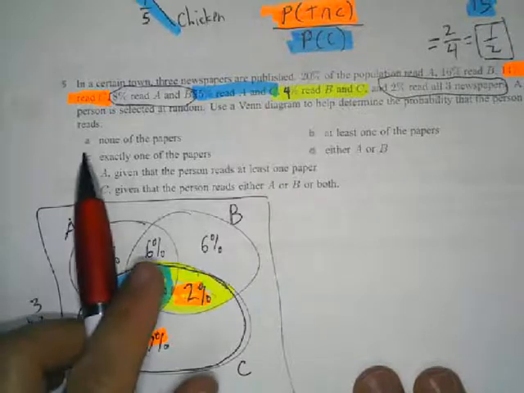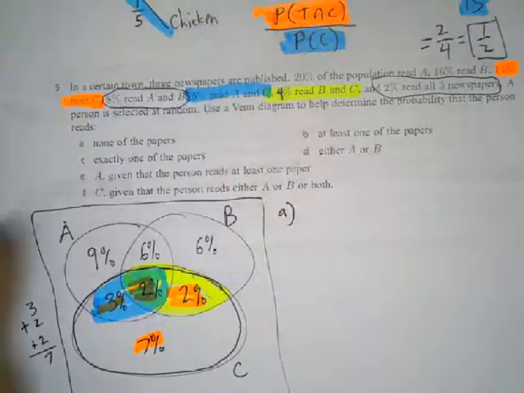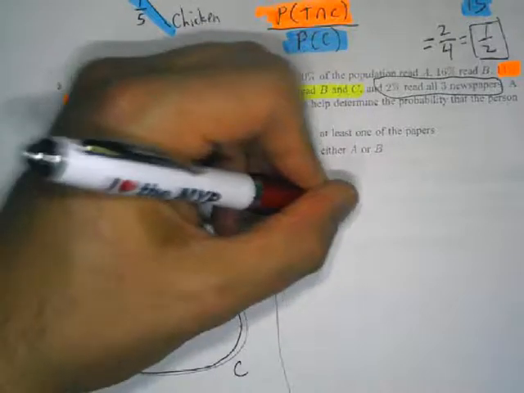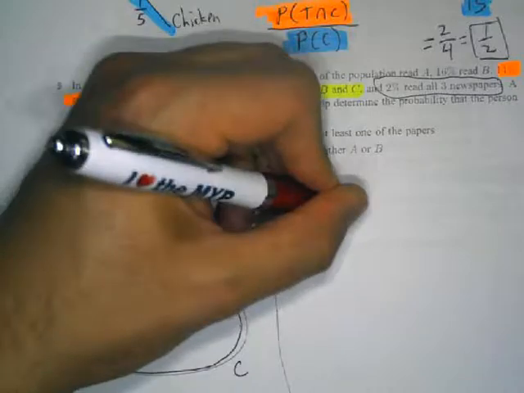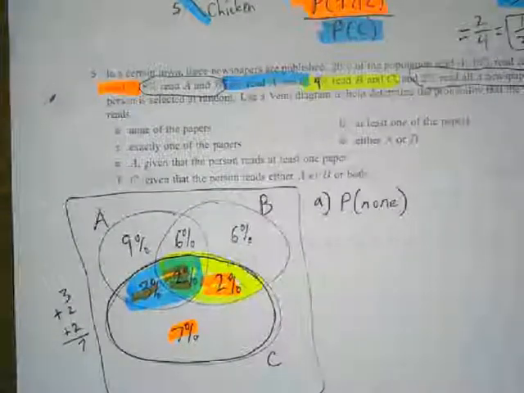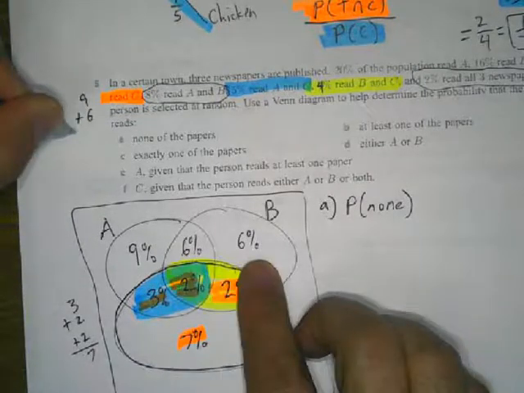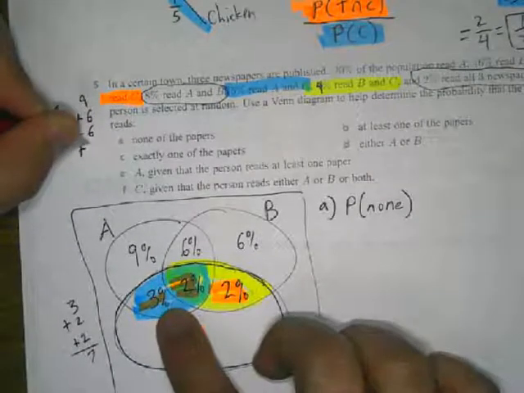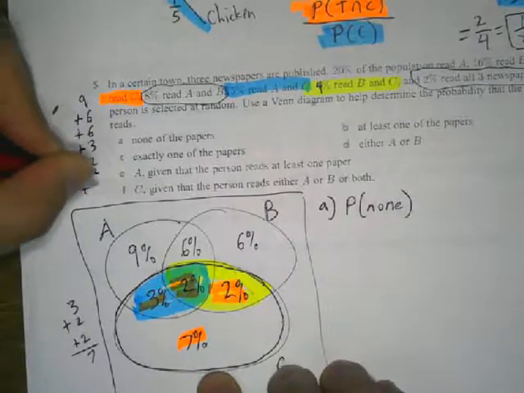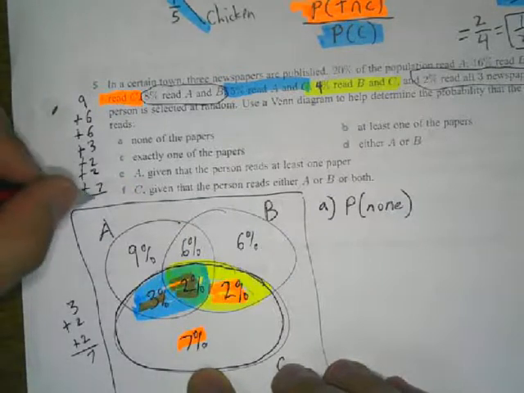Question A says, what's the probability that a person doesn't read a paper or a magazine? So first I have to add up all of these. So we can say 9 plus 6 plus 6 plus 3 plus 2 plus 2 plus 7. If I add all 7 of those together, I'm going to get 35.